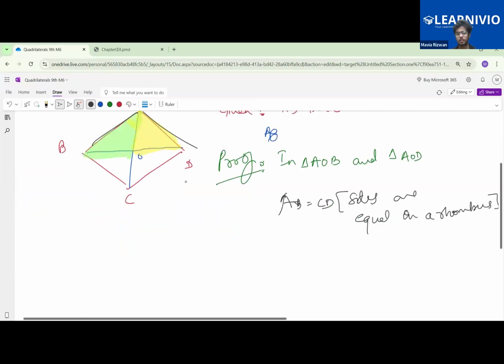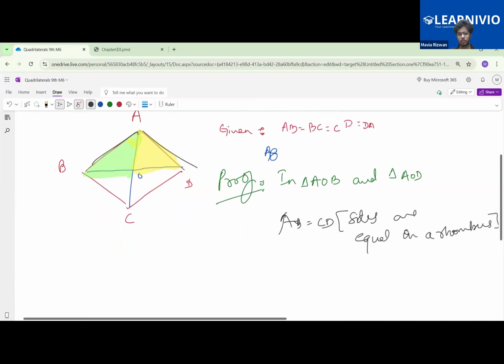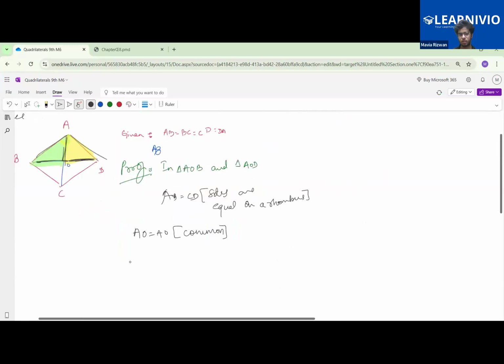Okay. And we know that AO is equal to AO by common. And we have BO is equal to DO.